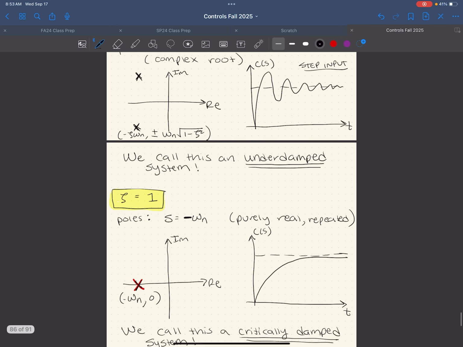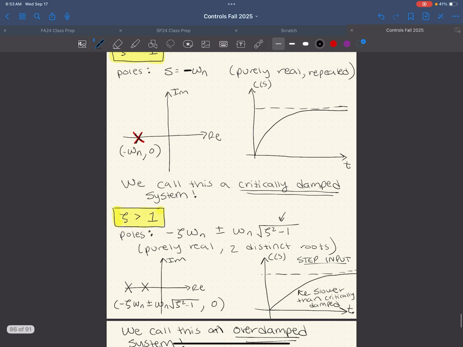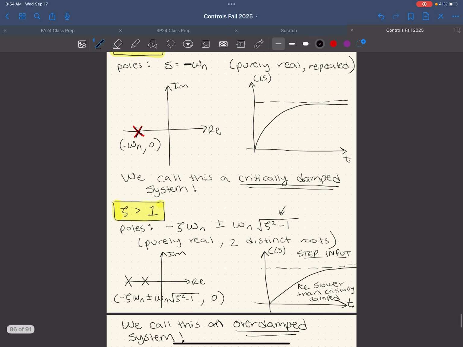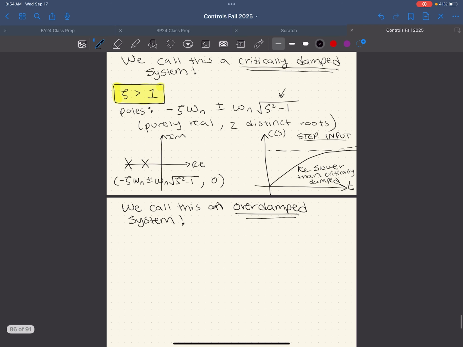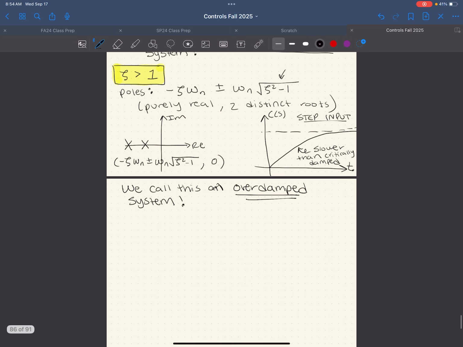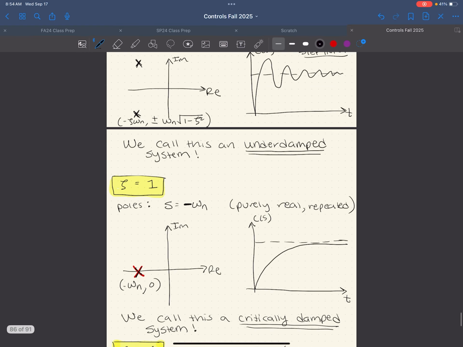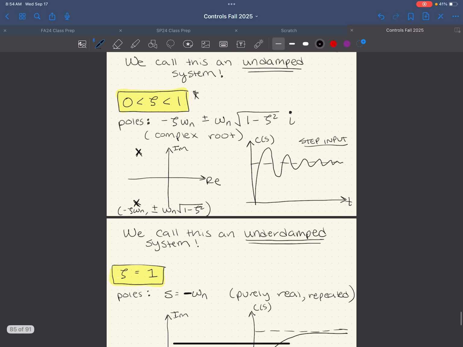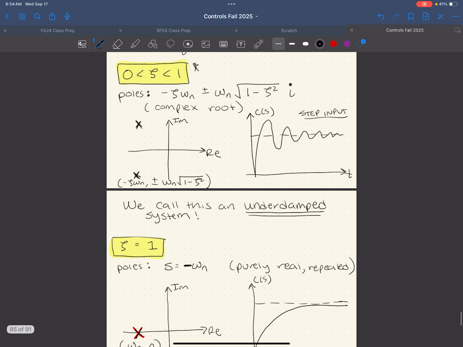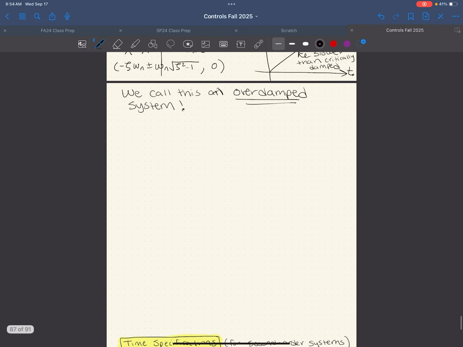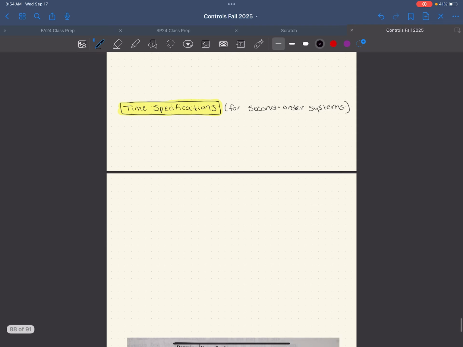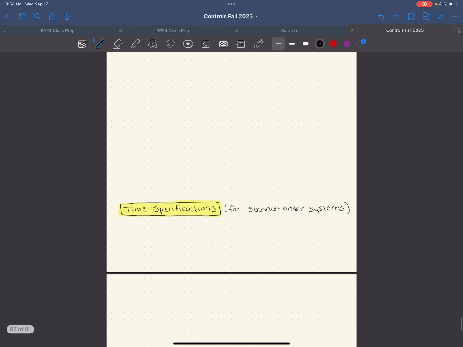Underdamped has an attenuated oscillation. Critically damped looks a lot like a first order system. And overdamped is a very slow response. Okay, just like for first order systems, we're going to define some time specifications. And we're really going to hone in on these underdamped systems, because these underdamped systems are more interesting in a lot of ways.